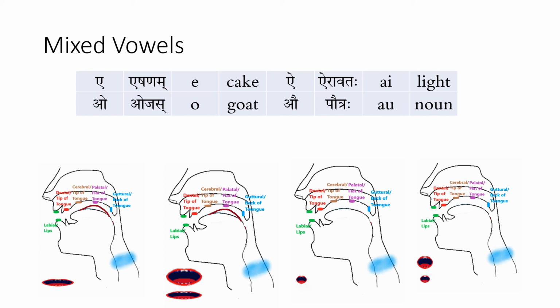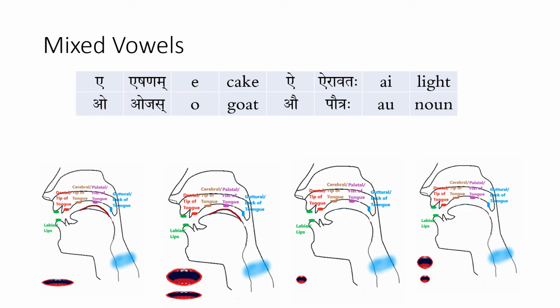The next one is I. This is a mixture of A and E sounds. As the picture shows here, the muscles in the throat are relaxed. The mouth starts with A, the wide open A sound, but quickly changes the state of the lips to the E position, like I, very quickly.